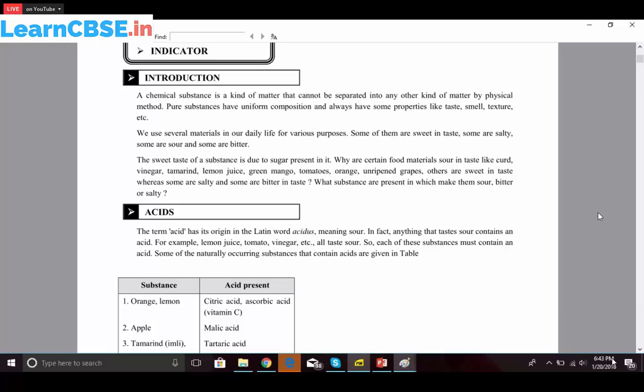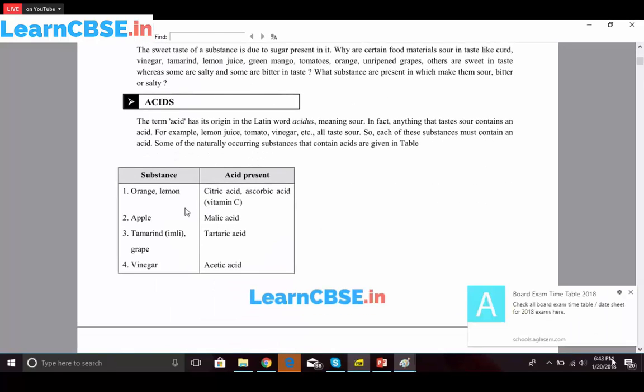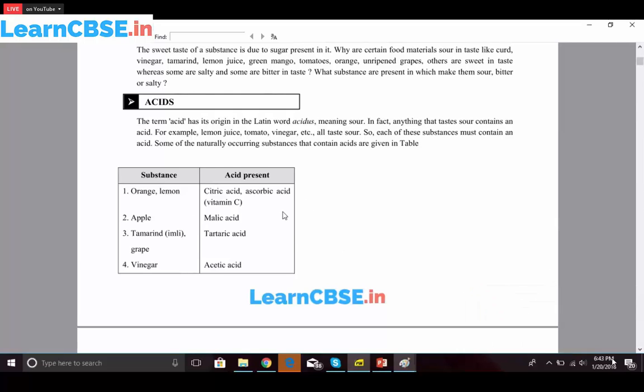The word acid comes from the Latin word acidus, meaning sour. So anything that tastes sour contains an acid. For example, lemon juice, tomato, vinegar, etc. all taste sour. Some common examples: orange and lemon contain citric acid and ascorbic acid, that is vitamin C, and apple contains malic acid.